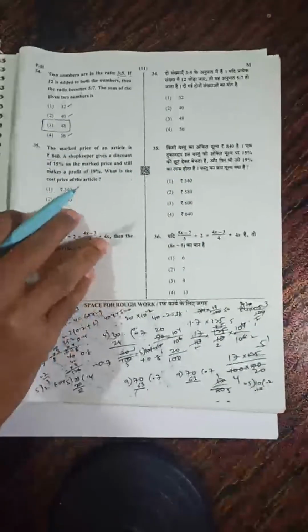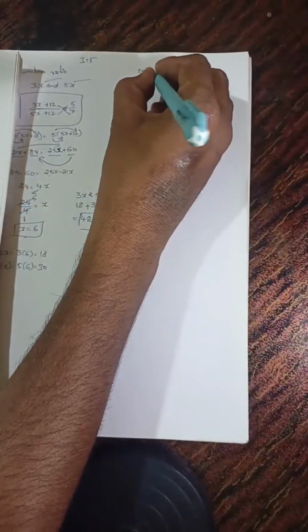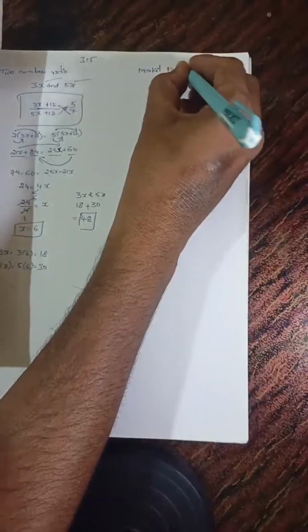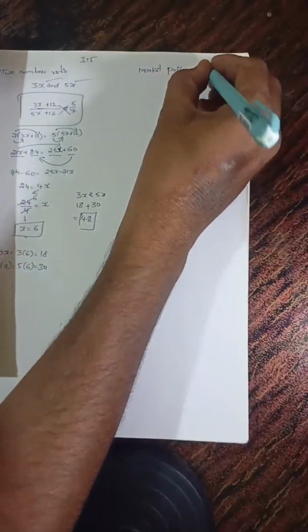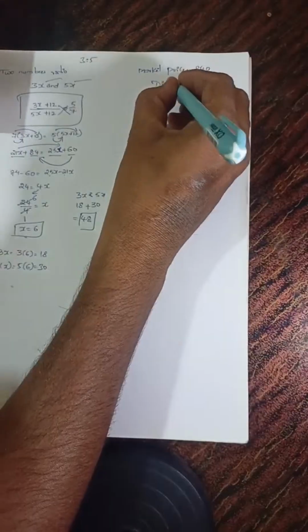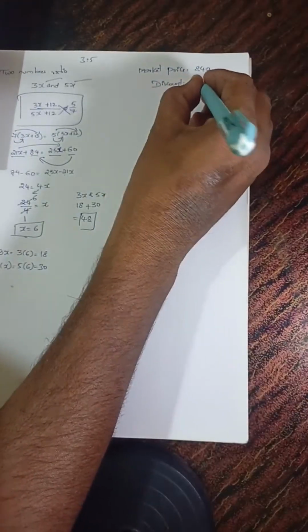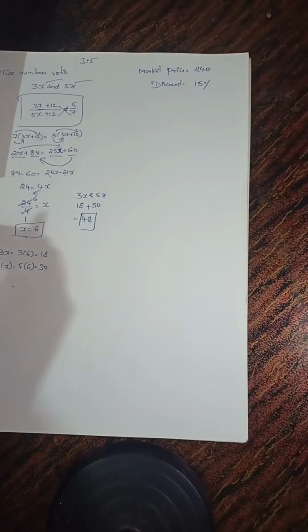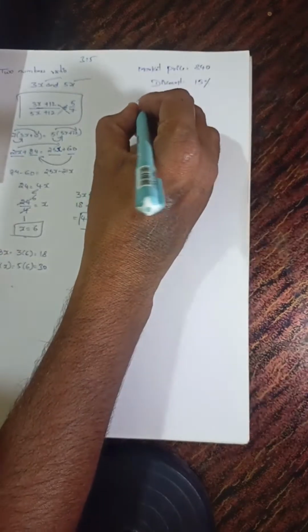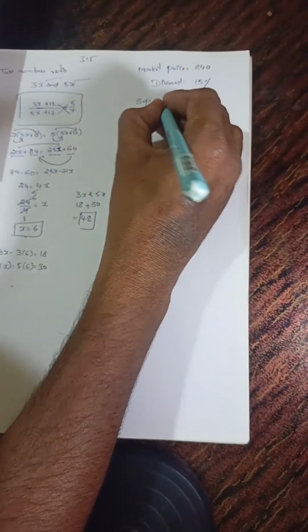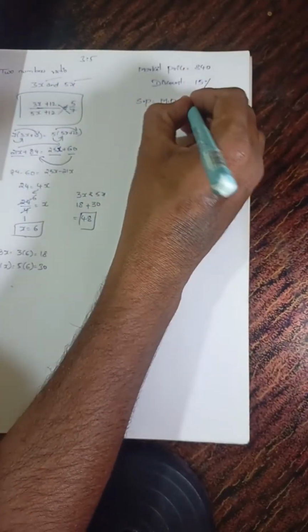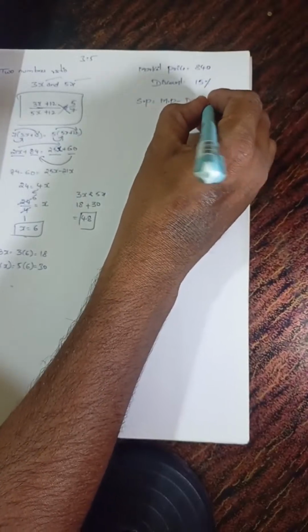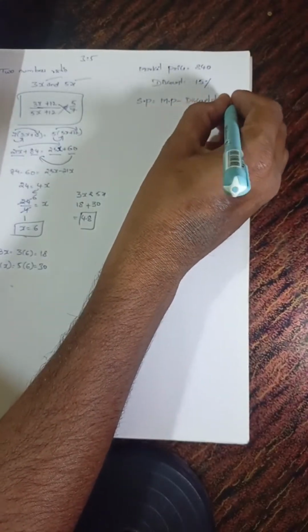In the question the market price is given, so first we'll write the market price. Market price is 840 and the discount is 15%. First we are going to find the selling price, then the cost price. Selling price is equal to market price minus discount of market price.